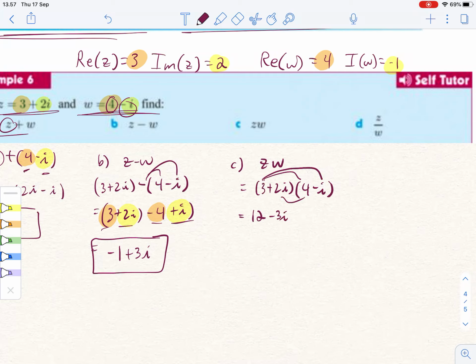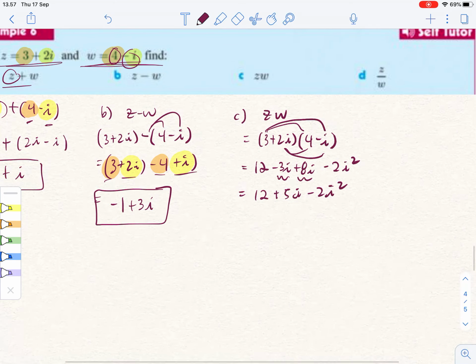Inner, 2i times 4, so that's an 8i. And last is a -2i squared. Now, we can simplify this to 12, and I'm going to combine these guys right here. That's a 12 plus 5i minus 2i squared.